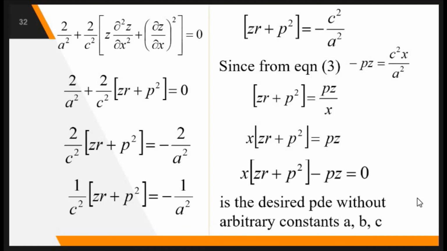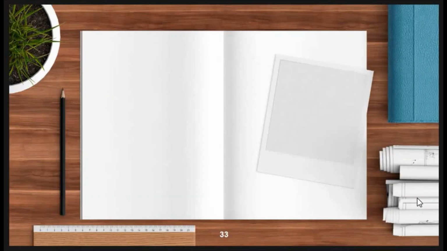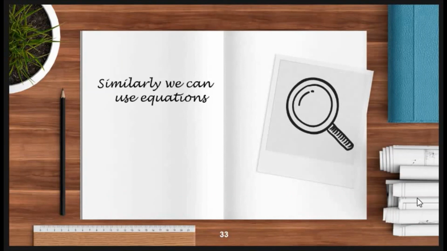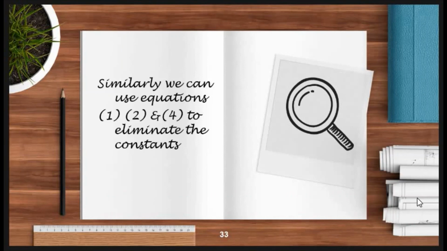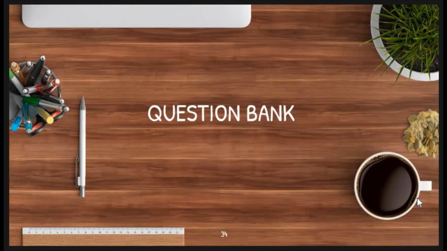So we got our required PDE where we don't have any constants a, b, c. But this is not the only method. There are several methods of finding the partial differential equation. It is not necessary that it must be unique. So we can use equations 1, 2 and 4 also to eliminate the constants a, b, c.